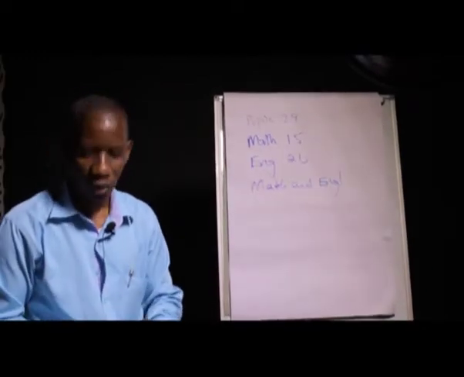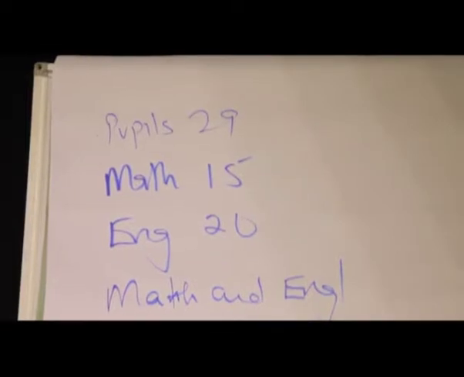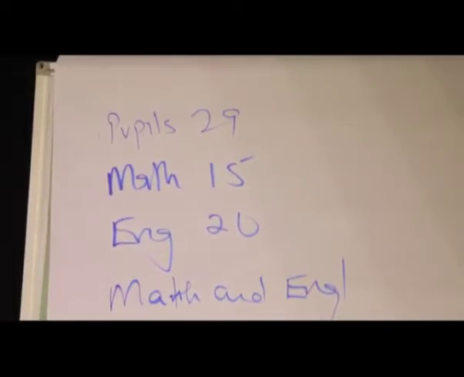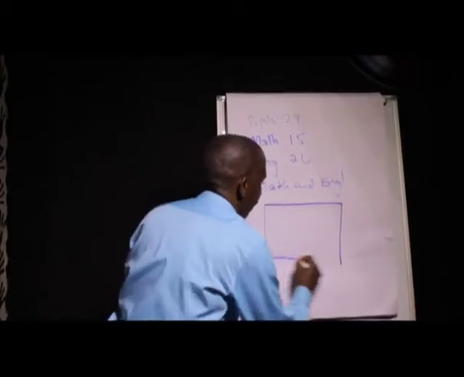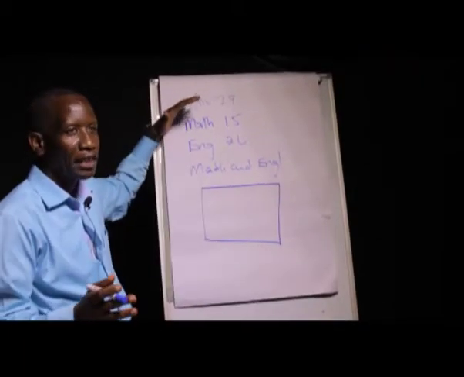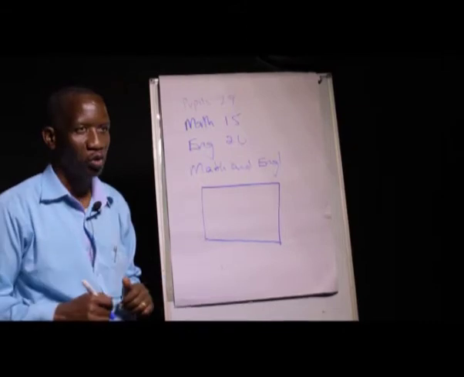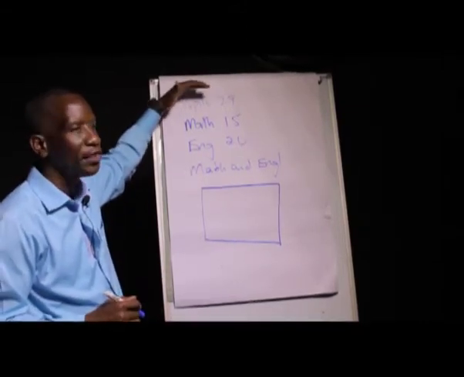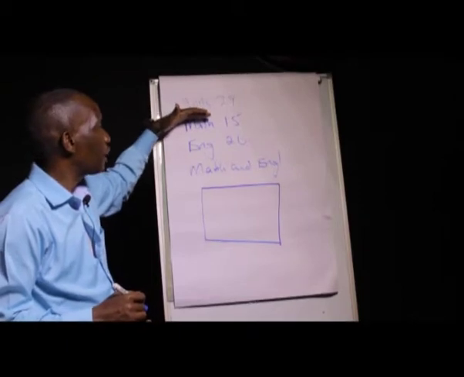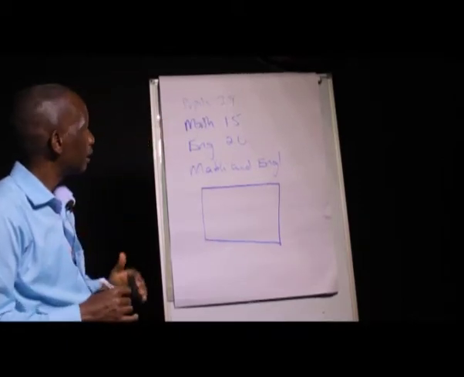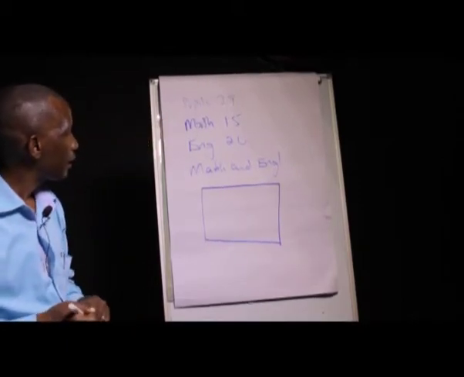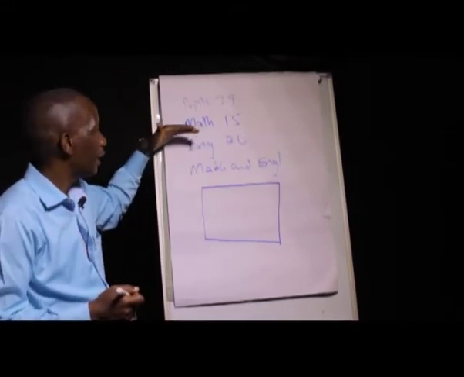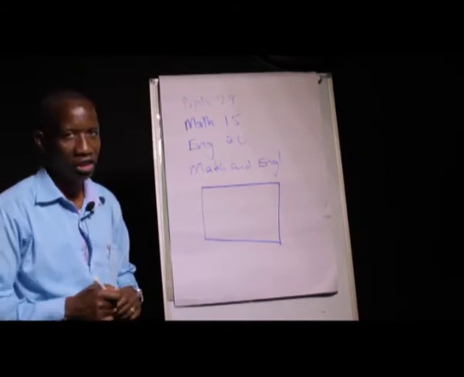First of all, represent the information on the Venn diagram. We have a mathematical problem here to solve. In a class of 29 pupils, 15 like mathematics and 20 like English.